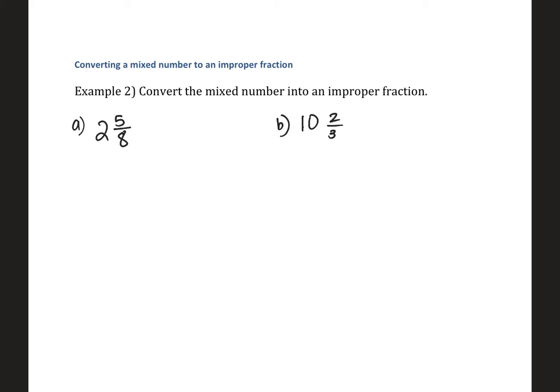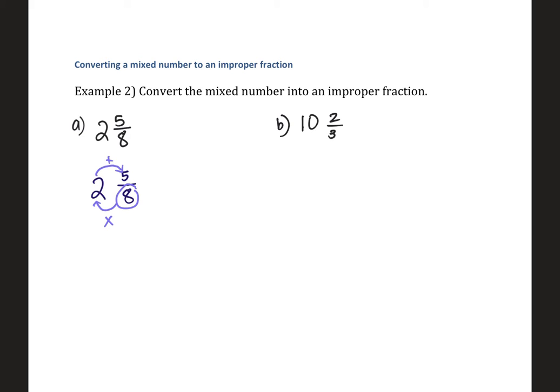So in order to do this, there are certain steps we're going to take, and this one is actually much easier than the last one. So I'm just going to rewrite this, 2 and 5 over 8. What I'm going to do is take this denominator, multiply it to my whole number, and then add my numerator to that.